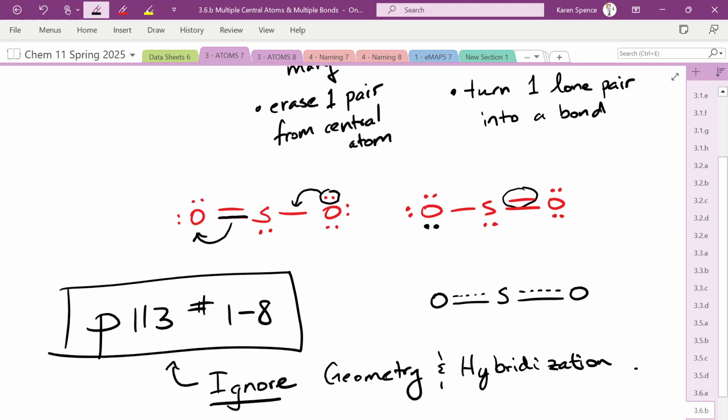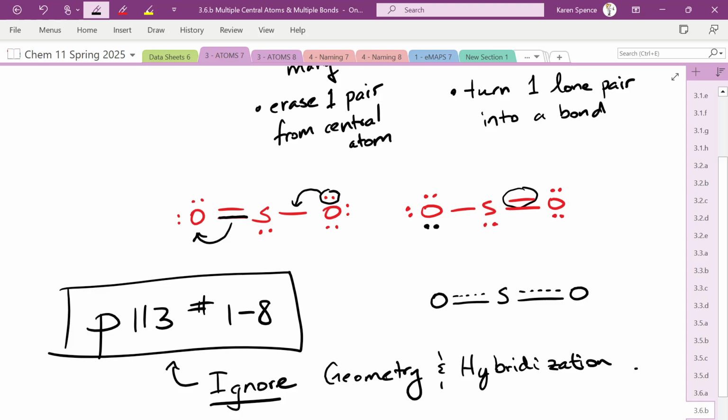We haven't talked about resonance structures yet. Don't worry about that. And make sure you don't, let's say we had aluminum chloride, and you know we've done everything here. And it turns out that the number of electrons in here is the same as it was originally.